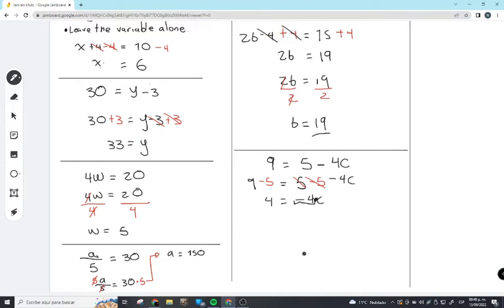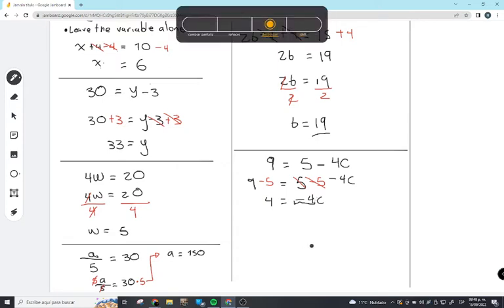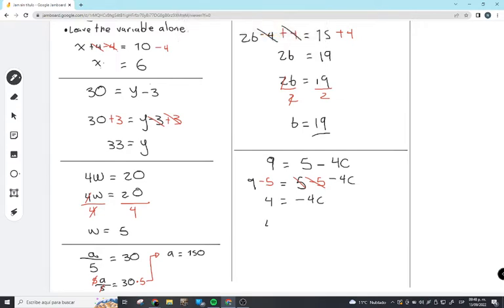It's multiplying. So for this case, we have to get rid of it by dividing. It's a multiplication. Yes, it's negative, but it's a multiplication. So you get rid of it by dividing by 4 on both sides. Actually, by dividing by -4. Because you want to get rid of everything and leave the c alone.